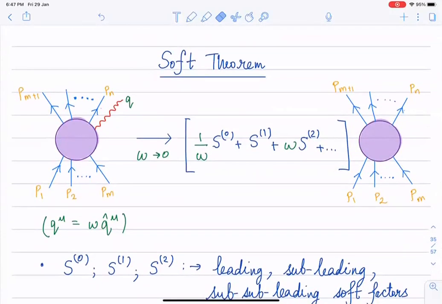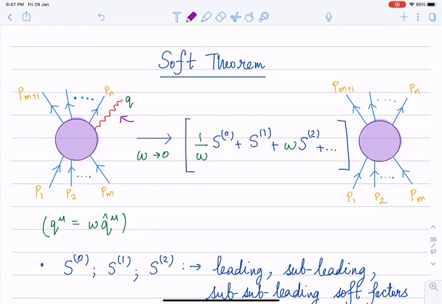So basically I don't need to tell you about soft theorems. I suppose you know everything about it, but just to recap, soft theorems are basically the following statement: suppose you have some scattering amplitude with n+1 particles, and let's say you have some extra particle, which in this case could be some graviton or some gluon or some photon, and then you take the momentum of this particle to be small.